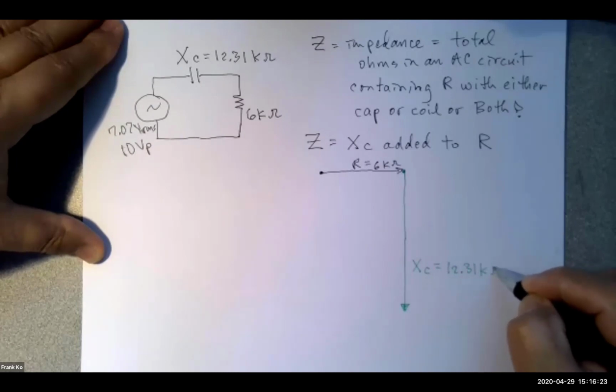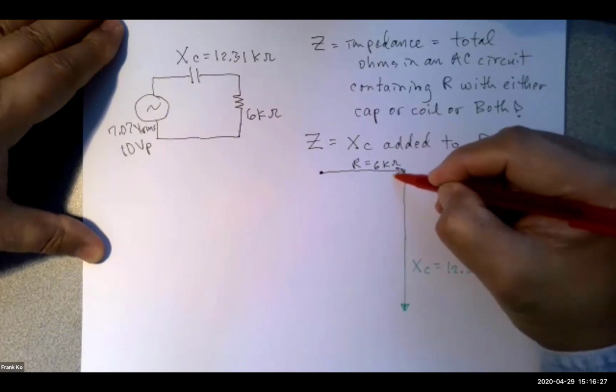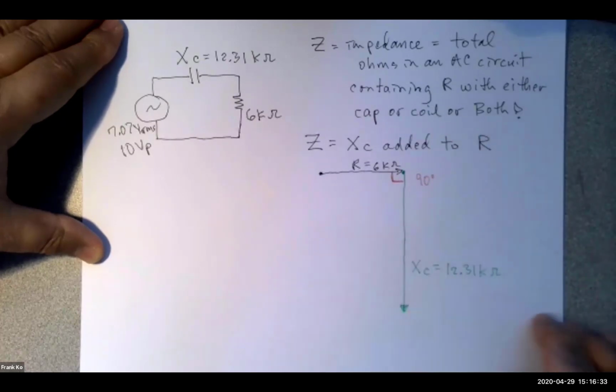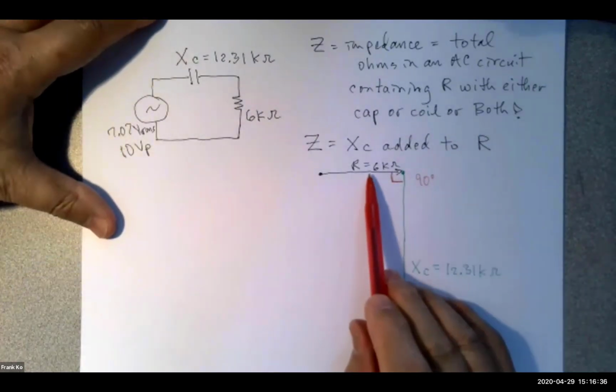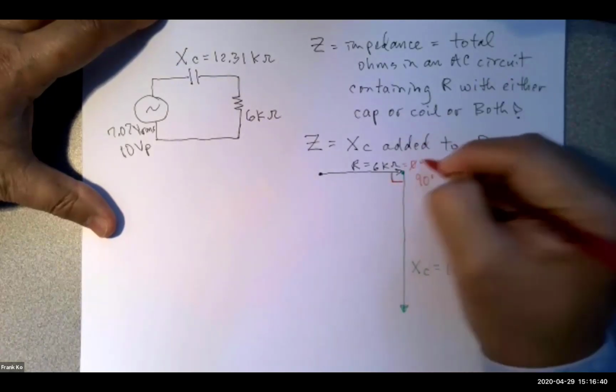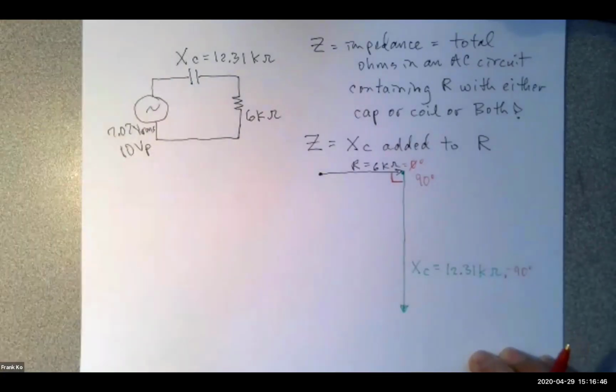12.31 kilo ohms. There happens to be between these two arrows a 90-degree phase difference between these ohms. So these ohms would be 0 degrees, and these ohms here would be negative 90 degrees. And so we will draw them coming down.